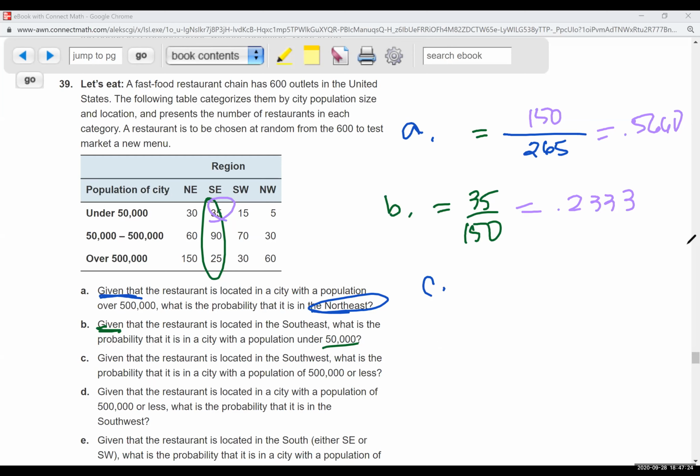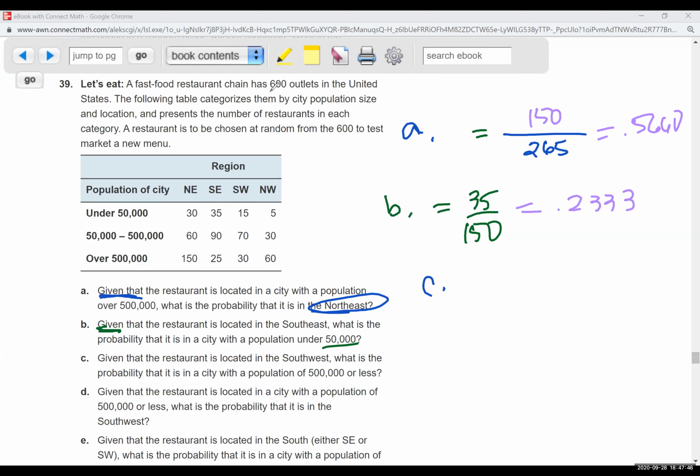Okay, so letter C, another conditional probability problem. For Southwest, 15 plus 70 is 85 over the total of Southwest.